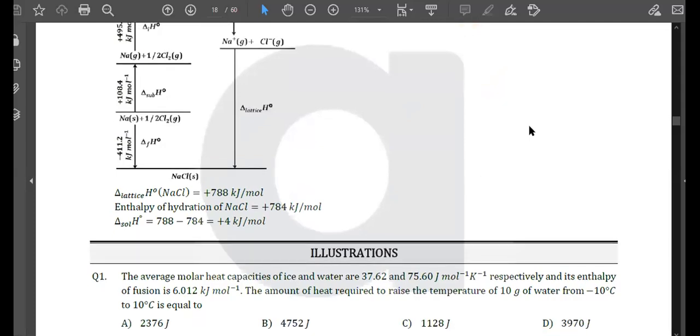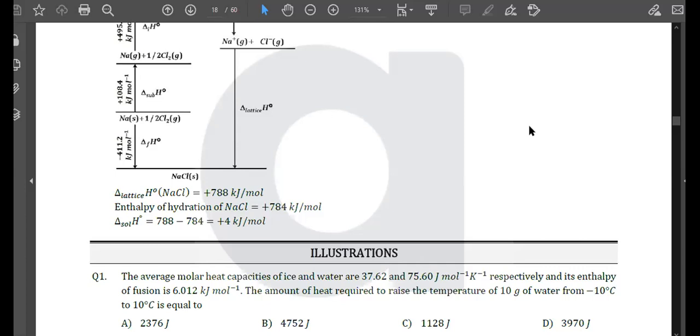Average molar heat capacity of ice and water is given, right? And enthalpy of fusion is given. The amount of heat required to raise the temperature of 10 gram of water from minus 10 degrees centigrade to 10 degrees centigrade, right? So this is your net change in heat energy. So we know, what is the formula of delta H? It is C delta T, yes or no?